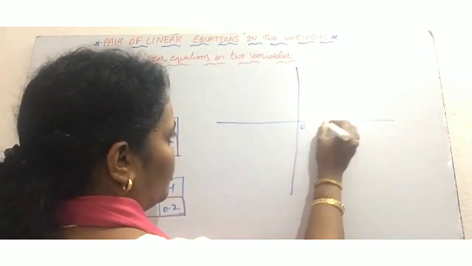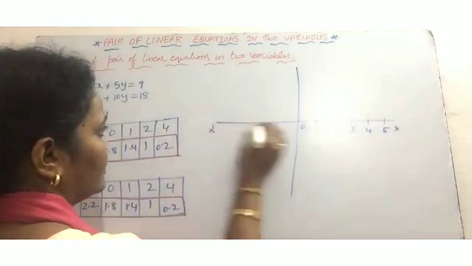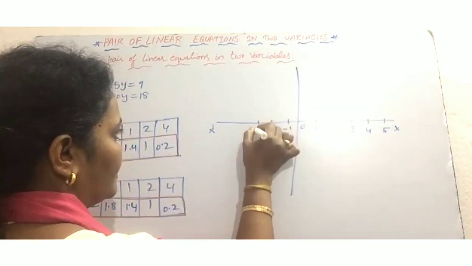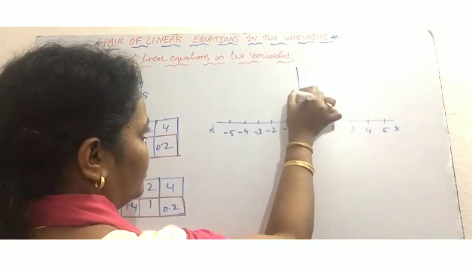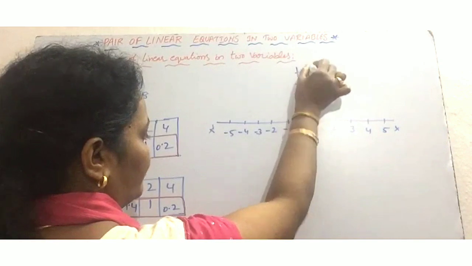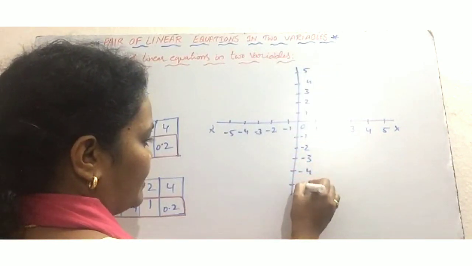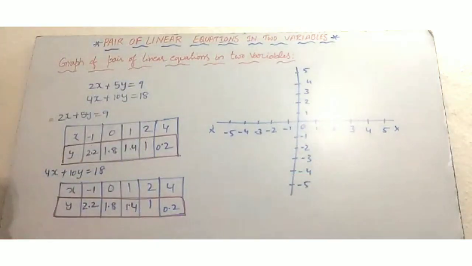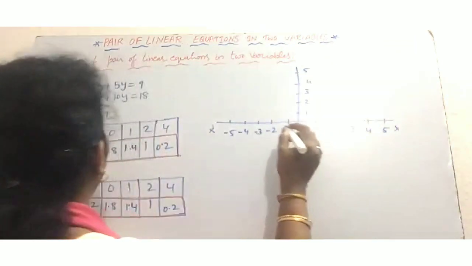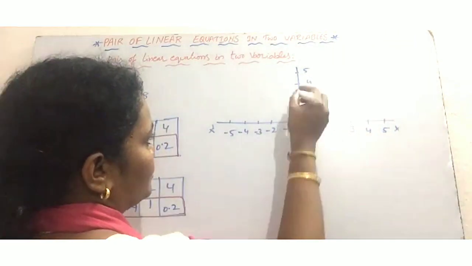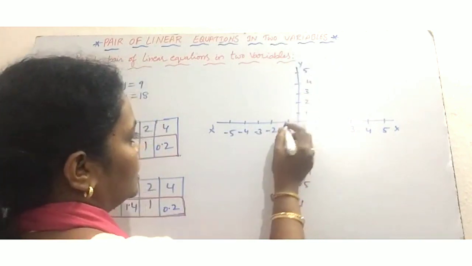So 0, 1, 2, 3, 4, 5, minus 1, minus 2, minus 3, minus 4, minus 5, and this is y and this is y dash.